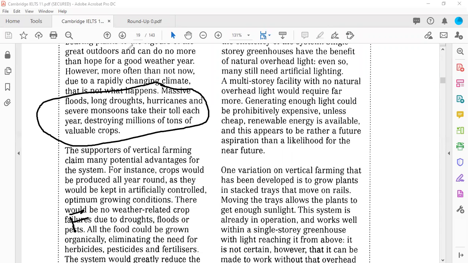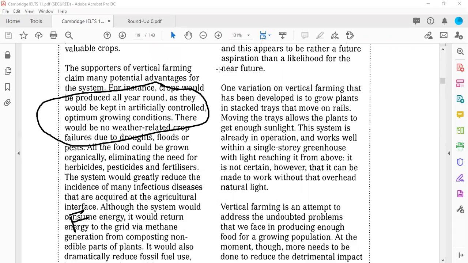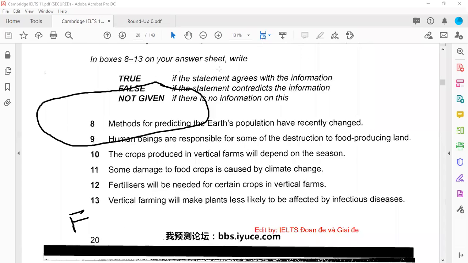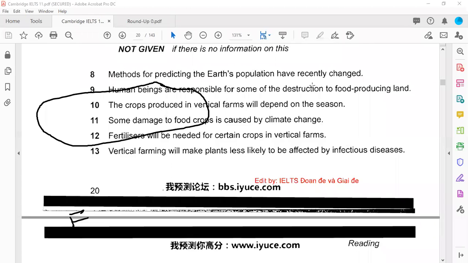That is true. True, the climate change causes damage to foods. Climate change, that like weather change? Yeah, the weather is changing, the climate is changing. Yes, true.